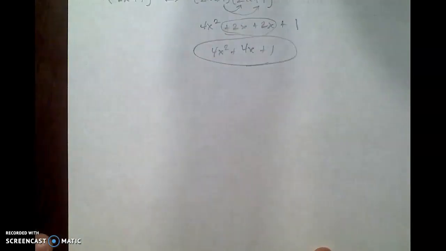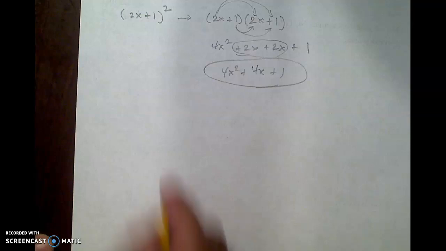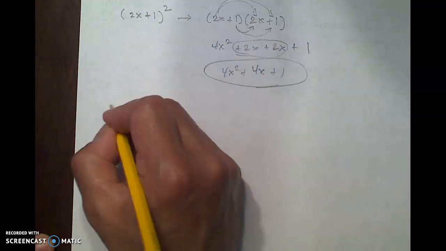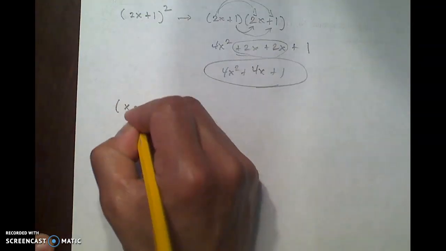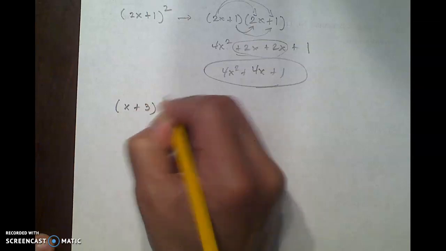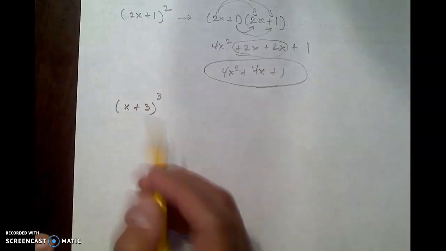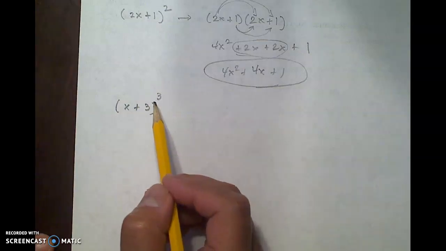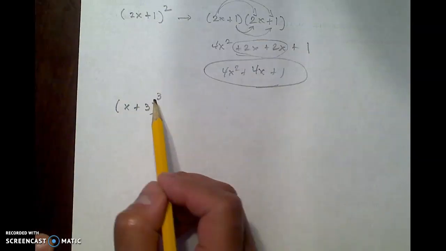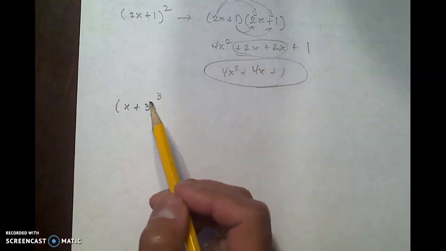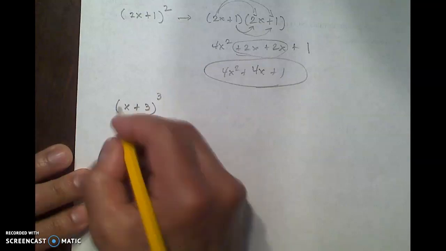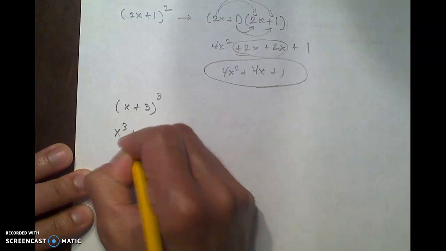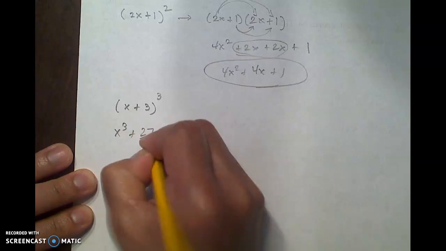All right. And sometimes you may have a situation where you have something being cubed, like x plus 3 cubed. Again, you do not distribute the exponent through. This is not going to be x cubed plus 27.